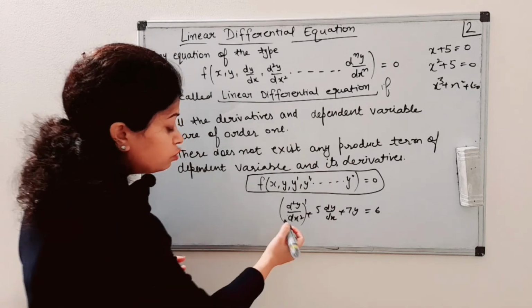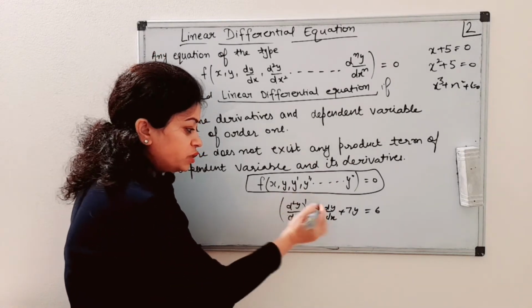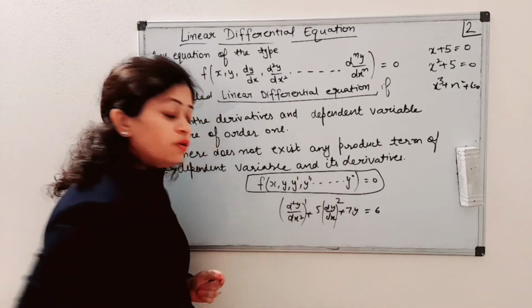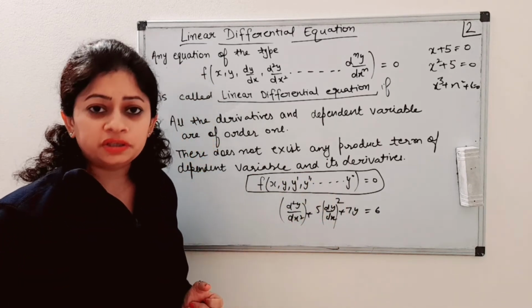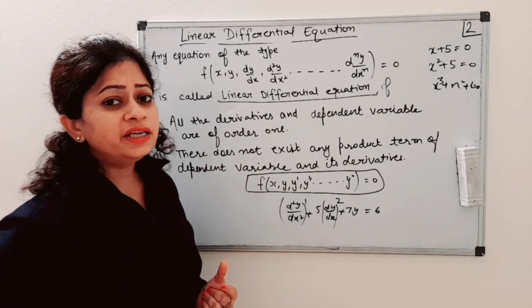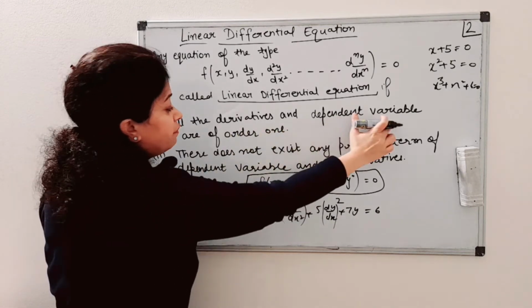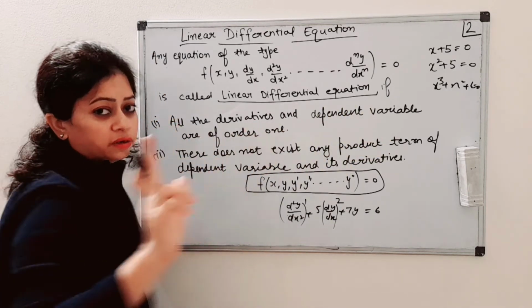Okay. So see, if we have highest derivative here and the power is 1, we cannot say this is a linear equation. It should satisfy these two conditions. What are these two conditions? Let's see. All the derivatives and dependent variables are of order 1.